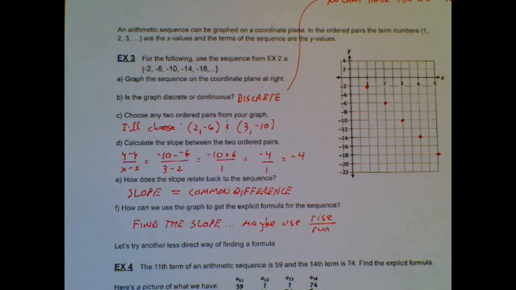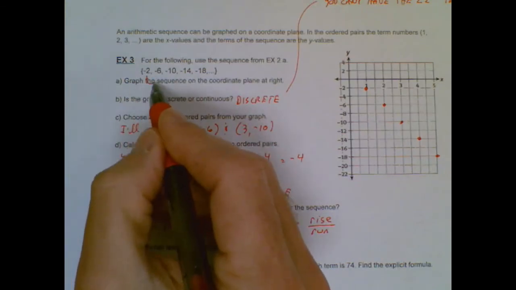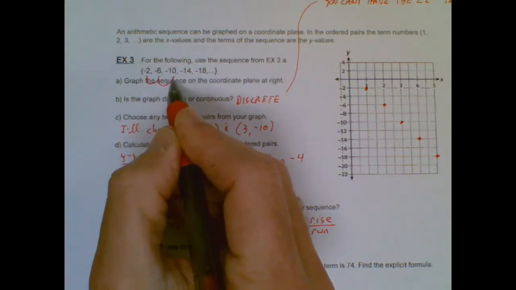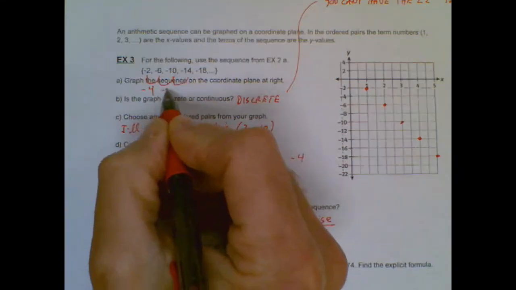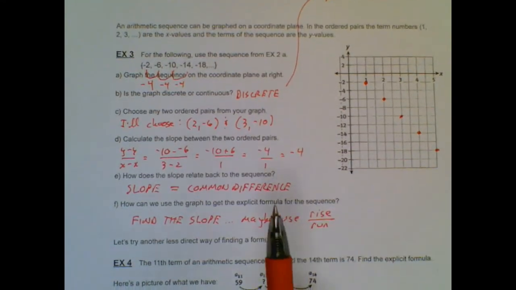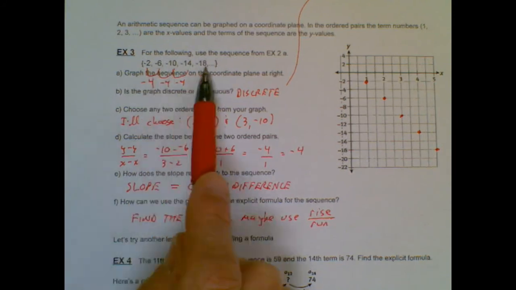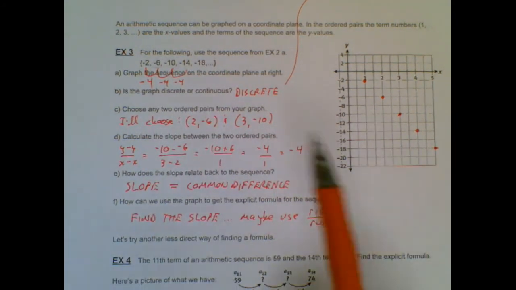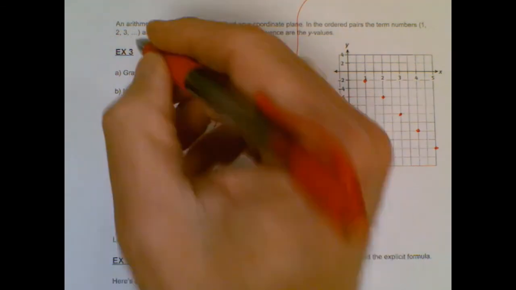I'm continuing to hit the highlights on these notes, and I've turned over to the back side. If you look at this sequence on the back side, I have a common difference of -4. I'm going a reduction of 4 to each new term. And as you go through this part in the notes, you would see that if you were to take these terms and plot them, for example, the second term is a -6.